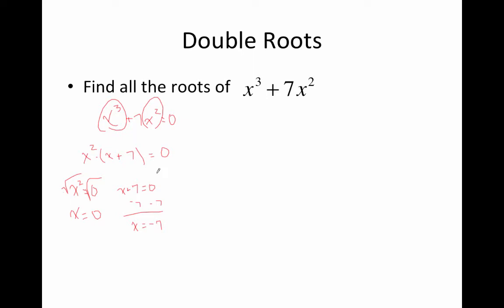Well, that's because this 0 is a double root. And we get that from the x squared. There's supposed to be two answers to that equation, but only one number showed up. So for this equation, the roots are 0 and -7, but 0 is a double root. So technically, the 3 roots are 0, 0 again, and -7.